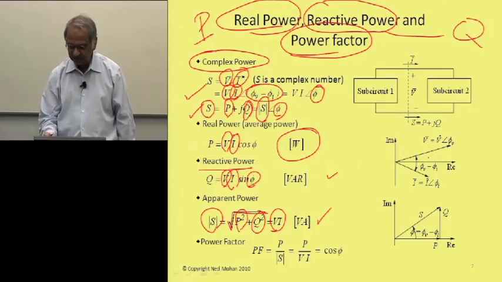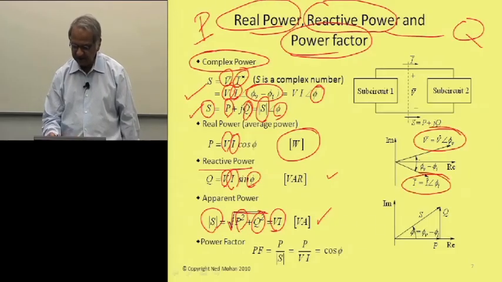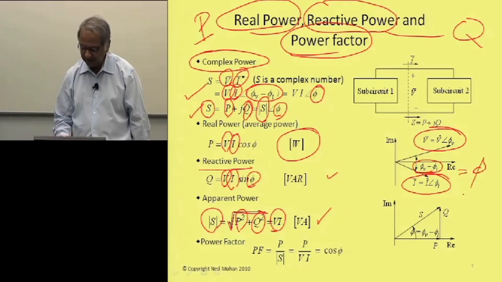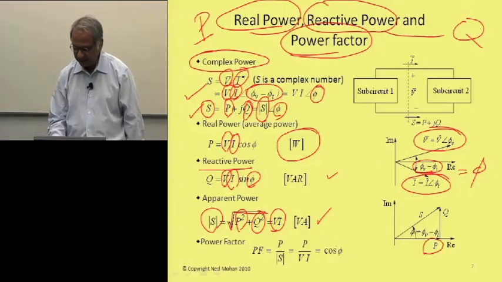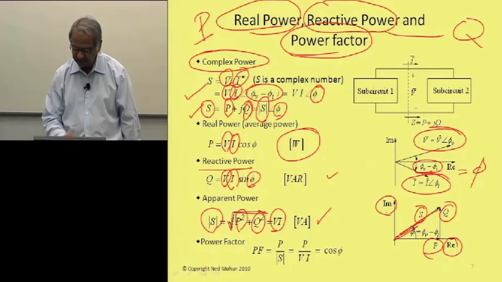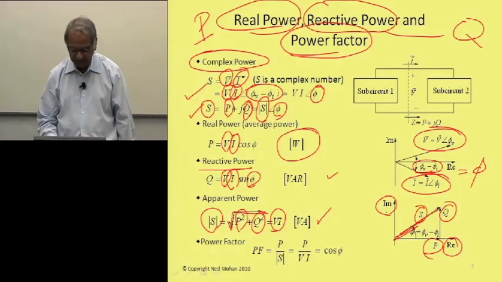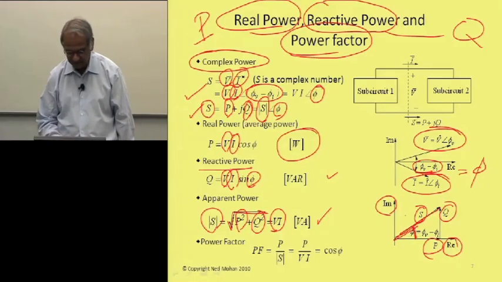In the phasor diagram, graphically, the voltage phasor is shown here, and the current phasor is shown here. The difference of the two angles is equal to phi. You can also draw this power triangle where P is along the real axis, Q is along the imaginary axis, and the vector sum of these two is the complex power S. This angle phi is the voltage angle minus the current angle.